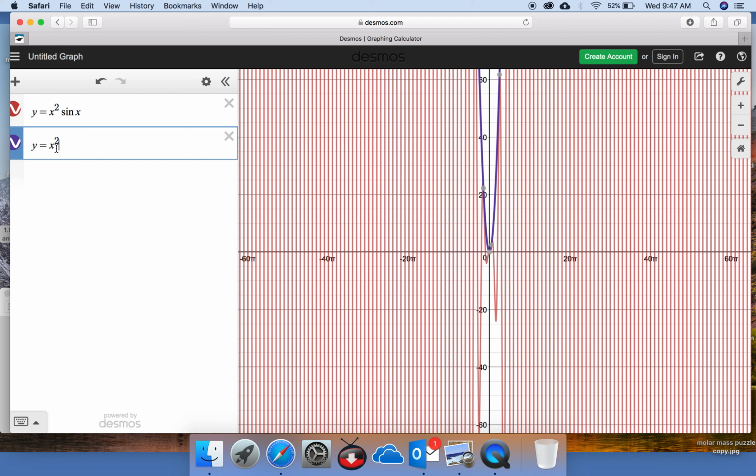So at pi over 2, my sine value is 1, so I just get the value y equals x squared. But at the other values of pi, pi over 4, pi over 6, I'm only going to get a portion of that x squared, and that's what makes the line go down and up. And if you want the other part, you would just graph it down like so. That's a little bit harder to see.